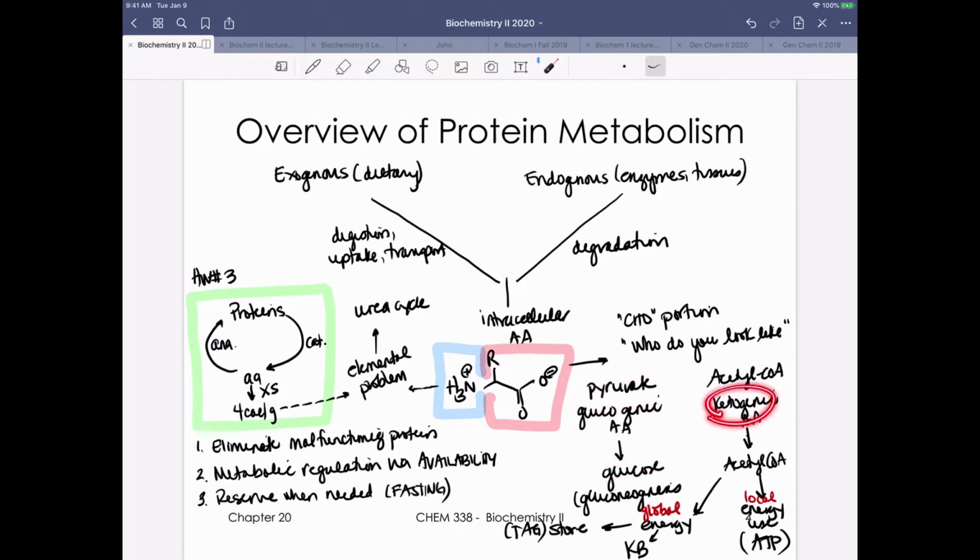If you are an amino acid that can only be made into acetyl-CoA, then you are referred to as a ketogenic amino acid, remembering that acetyl-CoA can be made into ketone bodies. So these are amino acids that can be made into different hydrophilic circulating fuels: some being glucogenic can be made into glucose, and others that are ketogenic can only be made into ketone bodies.